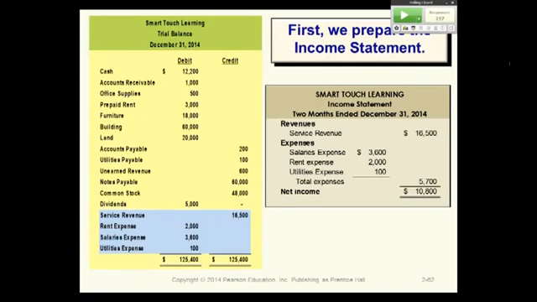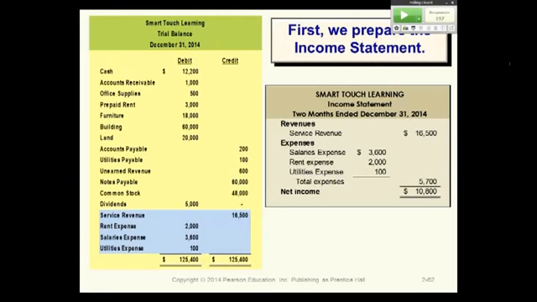So if I wanted to, let's just use this example. This is where we were in the other learning objective, but just to make sure you understand how this would work, if I was going to do a trial balance, I would simply list these in their debit and credit columns. So I would have cash of 10, and then I would go to office supplies of 500.